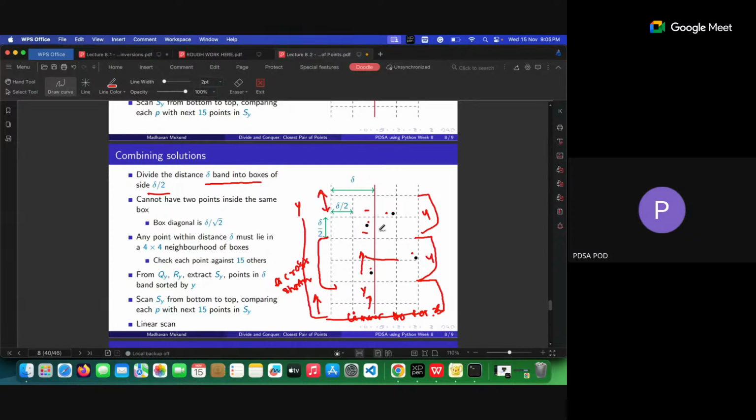Bottom up we are scanning. So across boundaries means the closest line, closest means this distance, the across distance. Across boundary means this left partition is Q and the right partition is R, no? Clear?